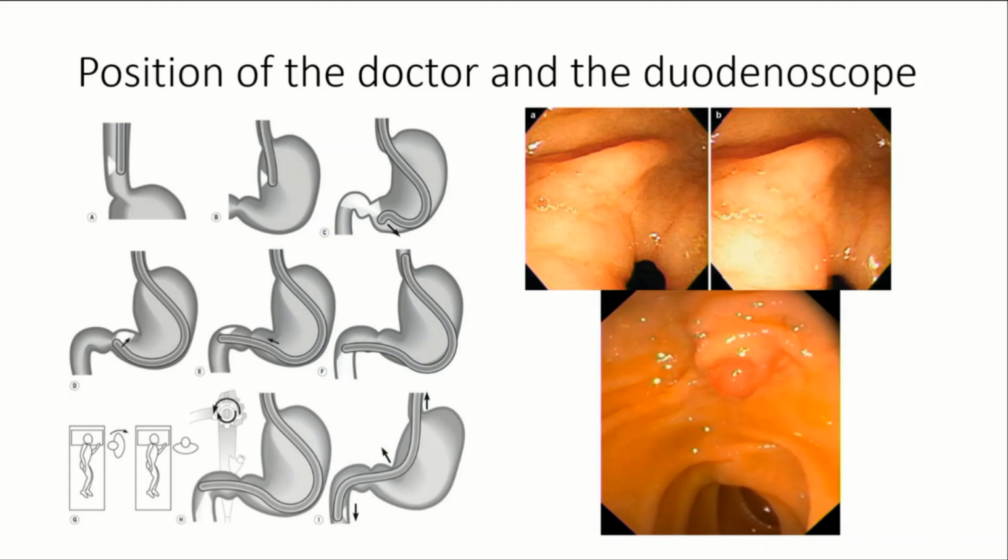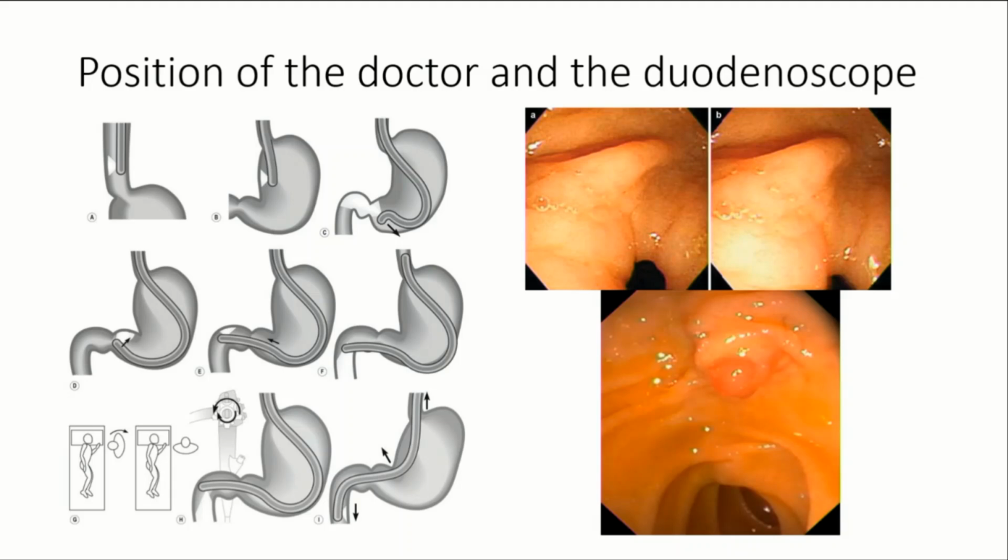This way, when we reach this area, we will not be able to see the pylorus like in a normal position. We're going to see the pylorus like the rising sun, and that's the time that we need to push in. If we try to push when we see the pylorus in the middle, it will be impossible to cannulate the duodenum.